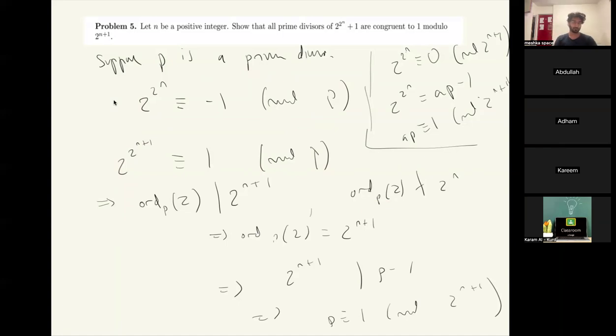So what I used, that the order divides the GCD of 2 to the n plus 1 and b minus 1, is useless actually. Well, the main point is that you can figure out what the order is, right? Then once you know what the order is, then you're finished, right? Because it divides p minus 1.